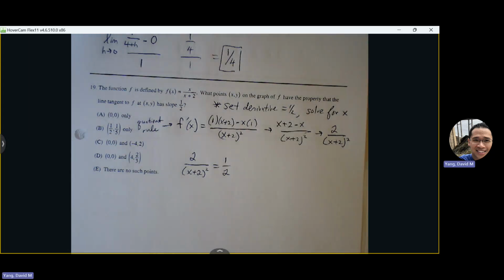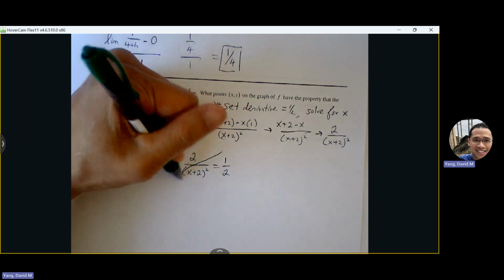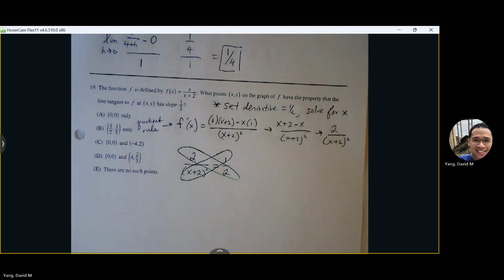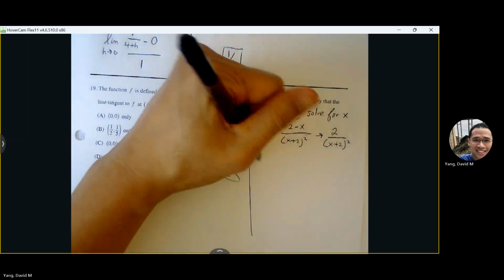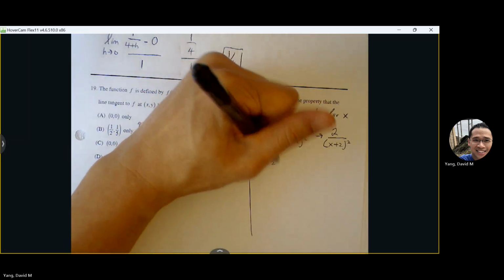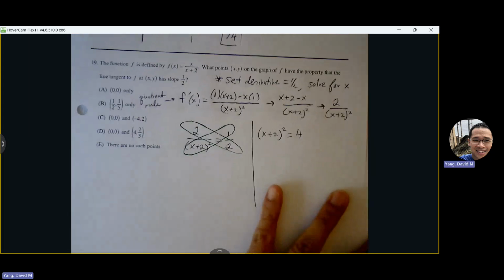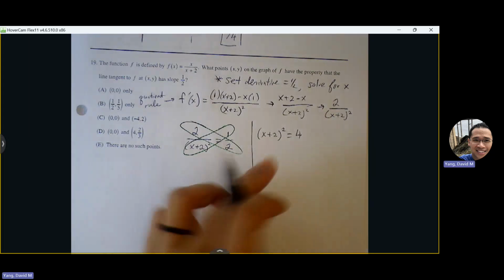I'm going to cross multiply and go through my algebraic steps to try to solve for x. To solve for x, I'm going to square root both sides.